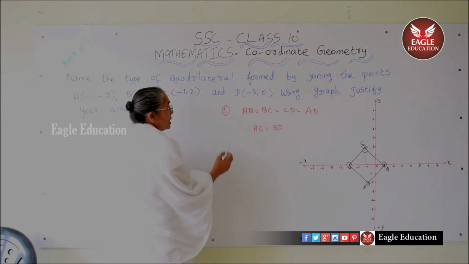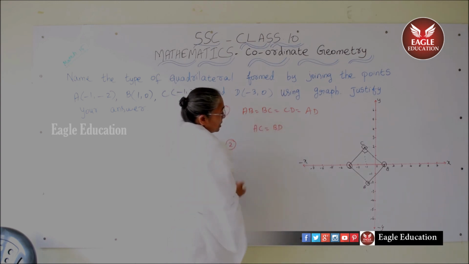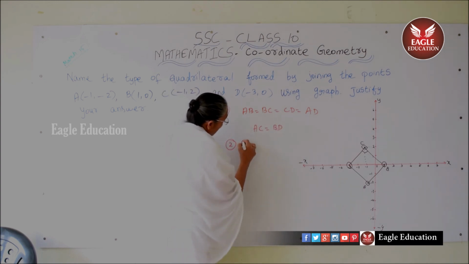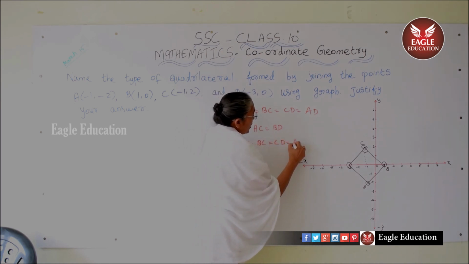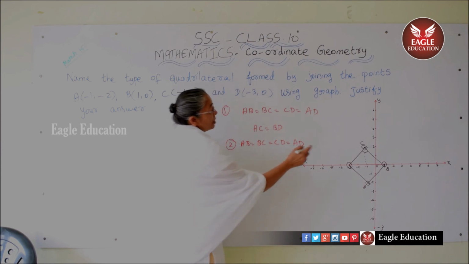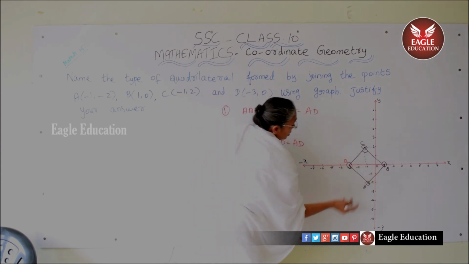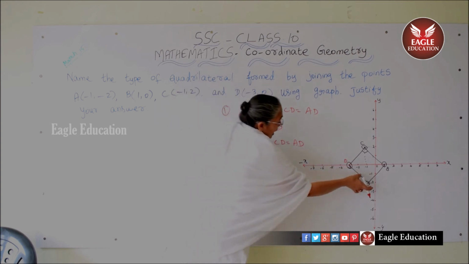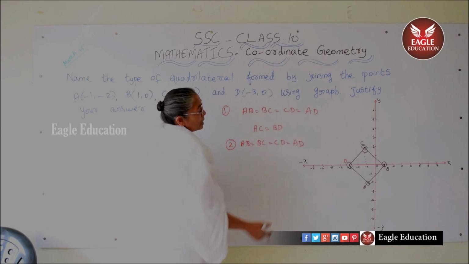Or another way: after proving that all the 4 sides are equal, AB equals BC equals CD equals AD, we can prove that the angle between the sides is 90 degrees, that means the lines are perpendicular. AB is perpendicular to BC, BC is perpendicular to CD.